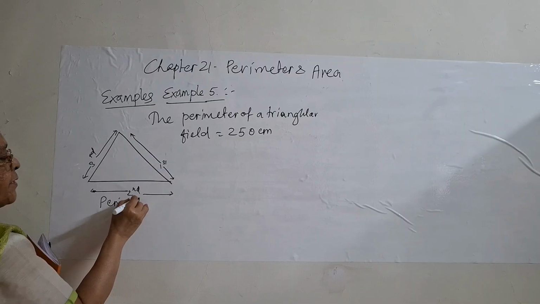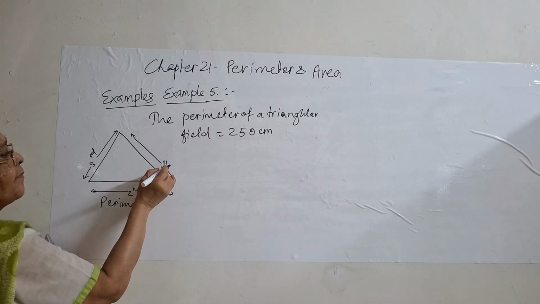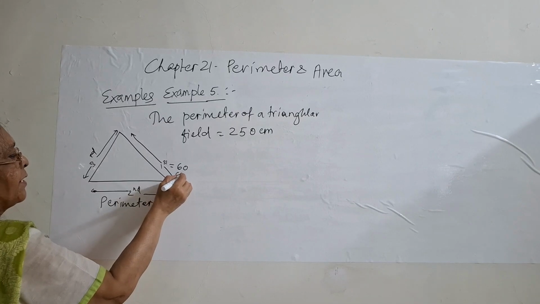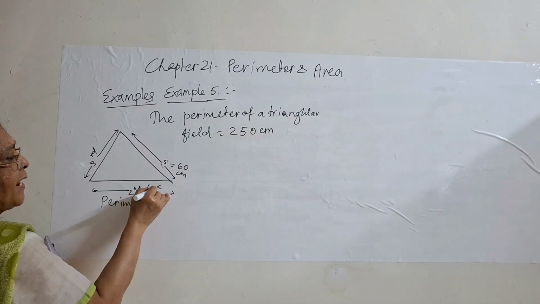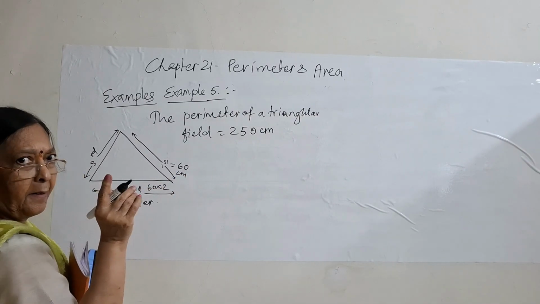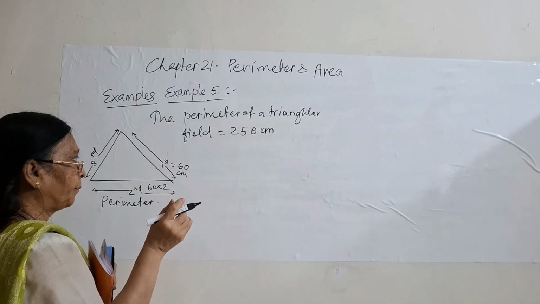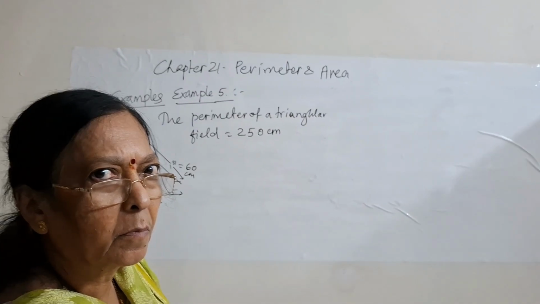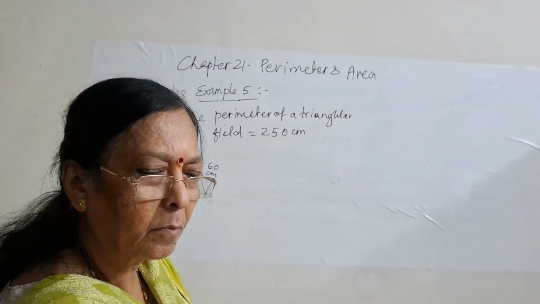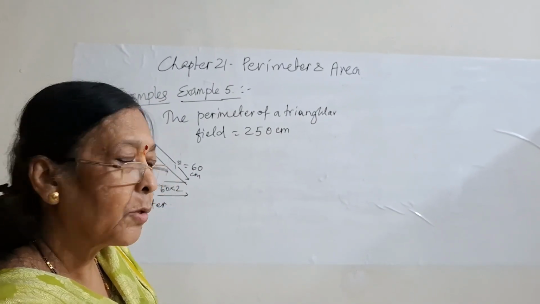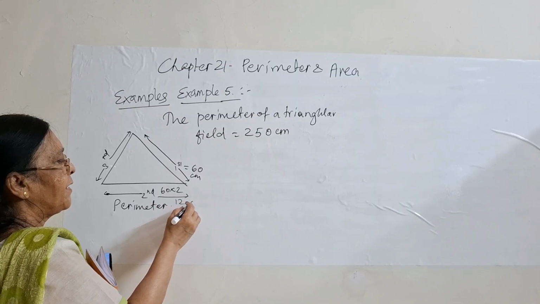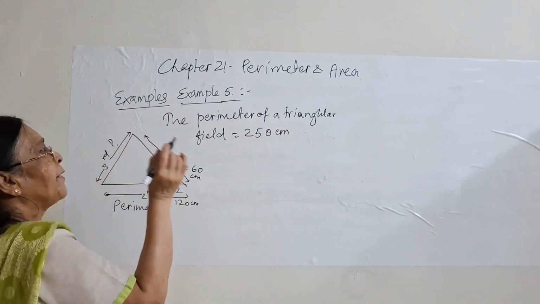The first side's length is given as 60 centimeters. The second side is twice the length of the first side, that is 120 centimeters. We have to find the third side.